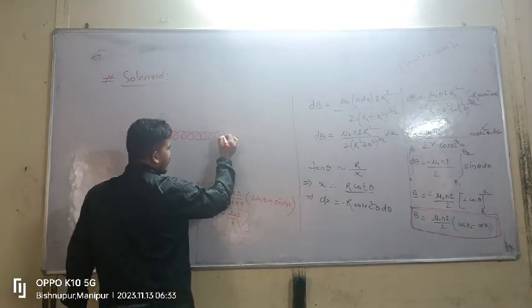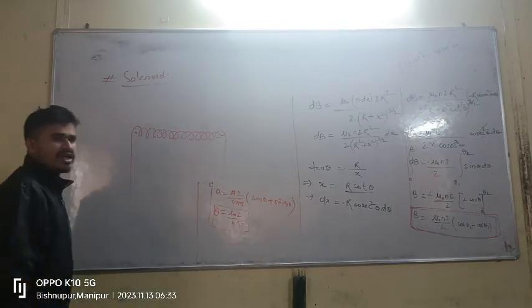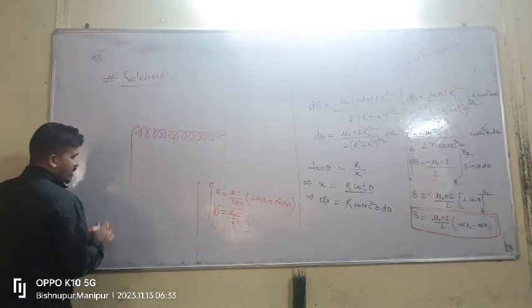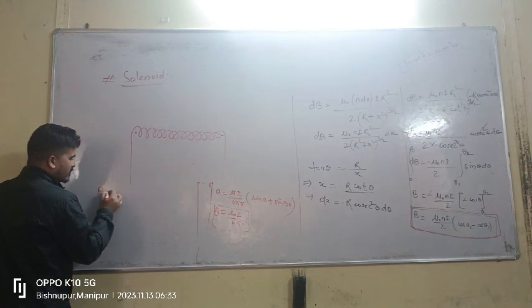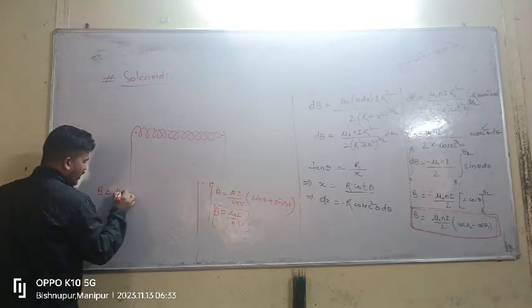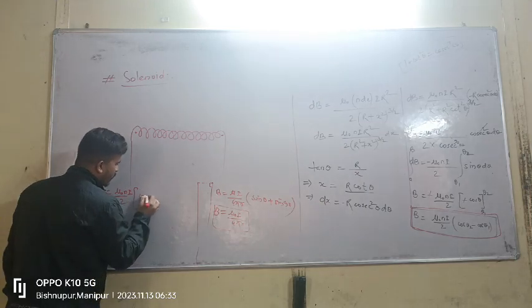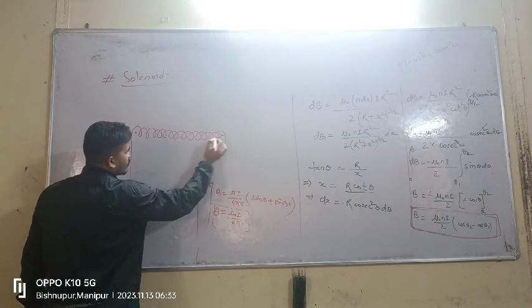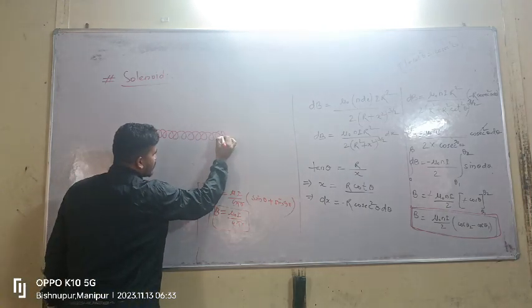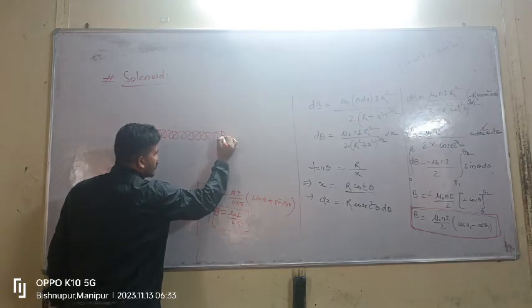I want to calculate the magnetic field at one end. Can you calculate it there? Yes, we have the formula: mu naught n I upon 2 into cos theta 1 and theta 2. What is the angle of this with respect to this?